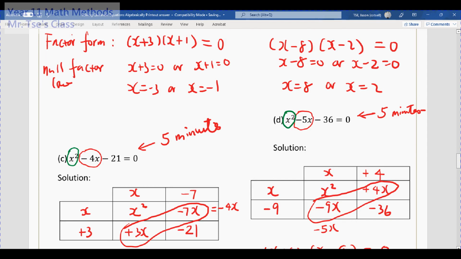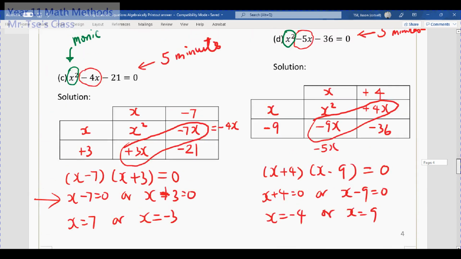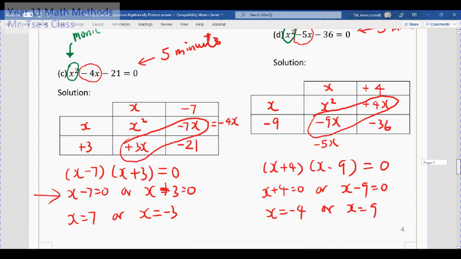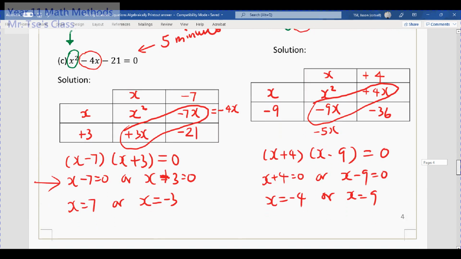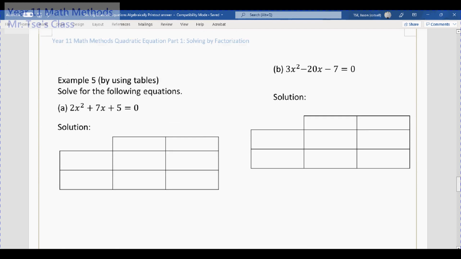X squared is the leading term, and this is what we call a monic quadratic. Because you just have x squared to lead the whole quadratic equation, and there's no number other than 1 in front of x squared, that's a monic quadratic. So a monic quadratic equation is easier to factorize. But here you see there's a 2 over here, a 3 over here. So these are non-monic.